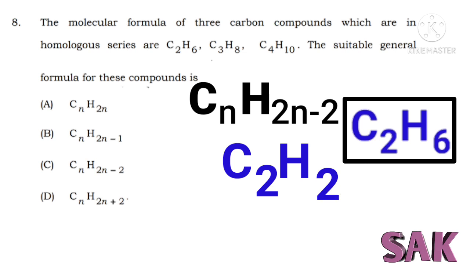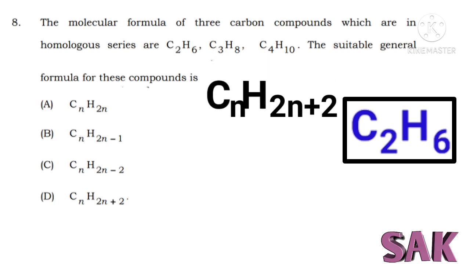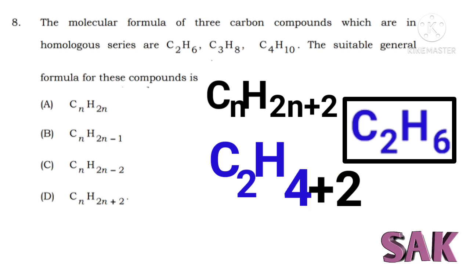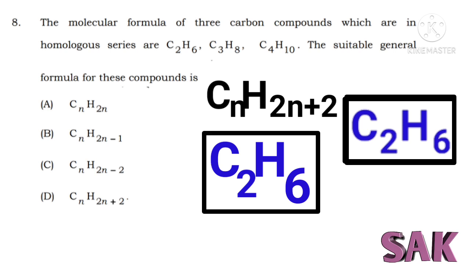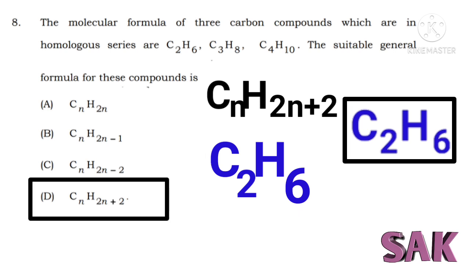This general formula also does not match. Now let us examine the final option CnH2n plus 2. Now the derived formula matches the formula in the question. So the correct answer is CnH2n plus 2.